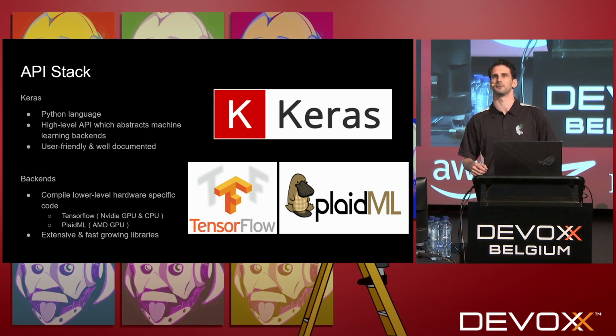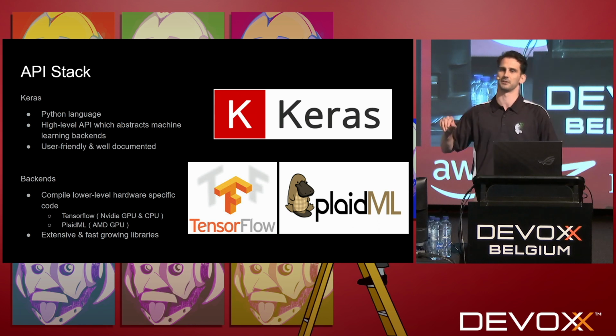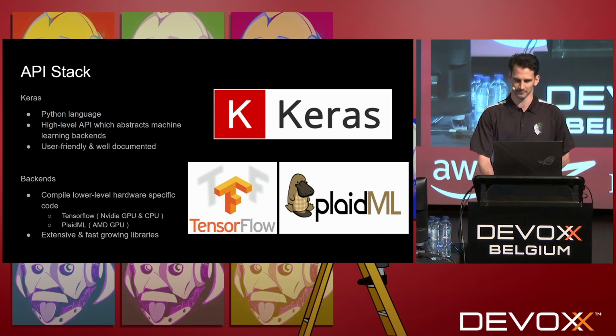Tensorflow specializes in running on NVIDIA GPUs as well as CPUs. We wanted to have a wide user base, so we've specifically incorporated two machine learning libraries. PlaidML will support all the AMD GPUs out there as well. So we're building our models in Keras, and it's feeding down to doing all the machine learning code in these two backends.